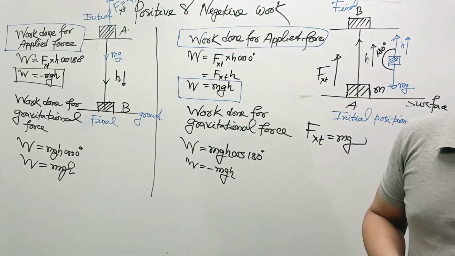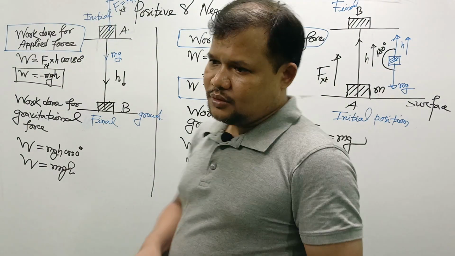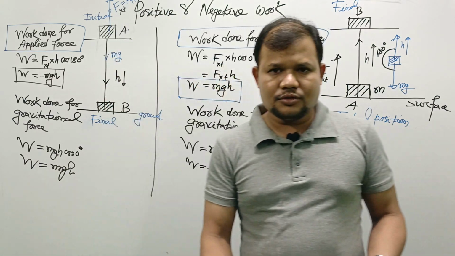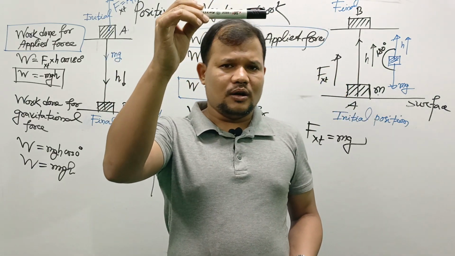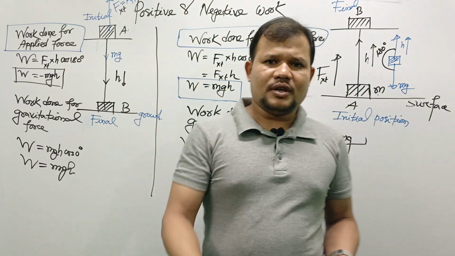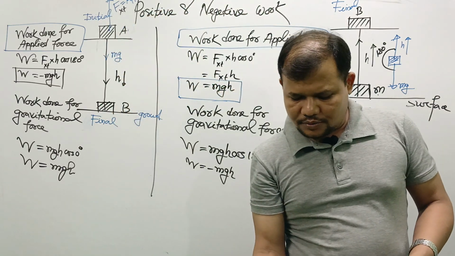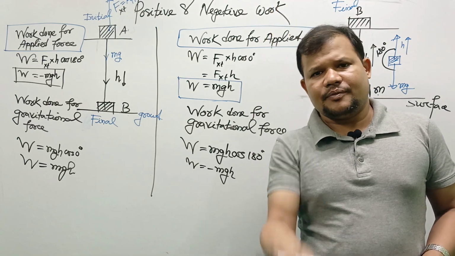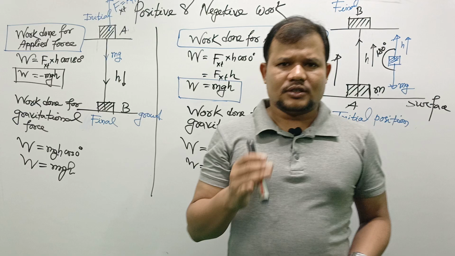So my dear students, now I am trying to make it clear. When we take any object from the ground to any height in the upward direction, the direction of the applied force is upward, and the displacement is in the same direction, so the work done will be positive.